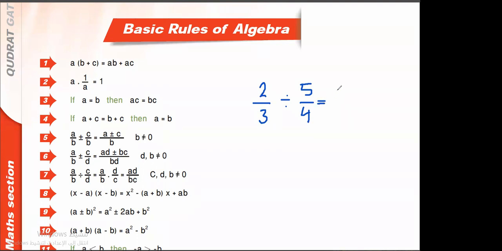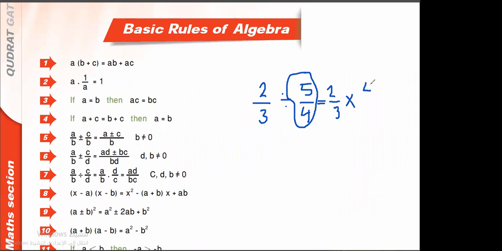Good. So you can write it here, 2 over 3. Then in place of division you put multiplication, right? And what about the second number here? When I change division to multiplication, I flip it, right?